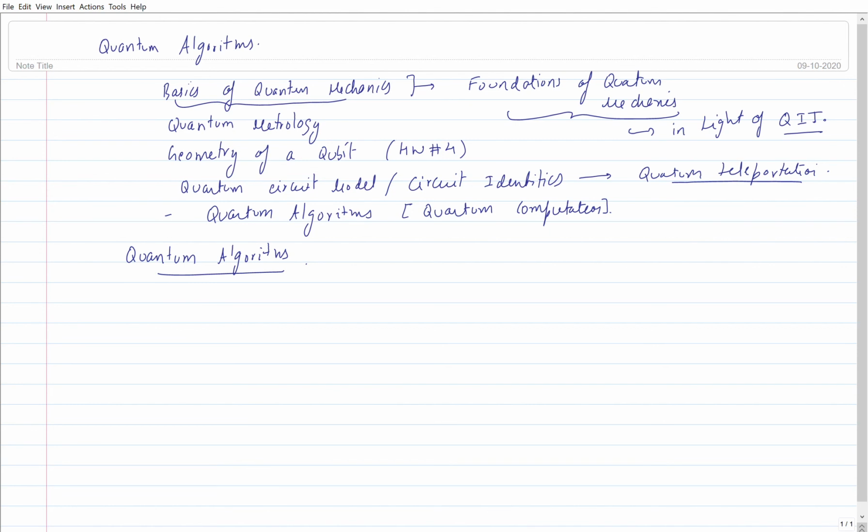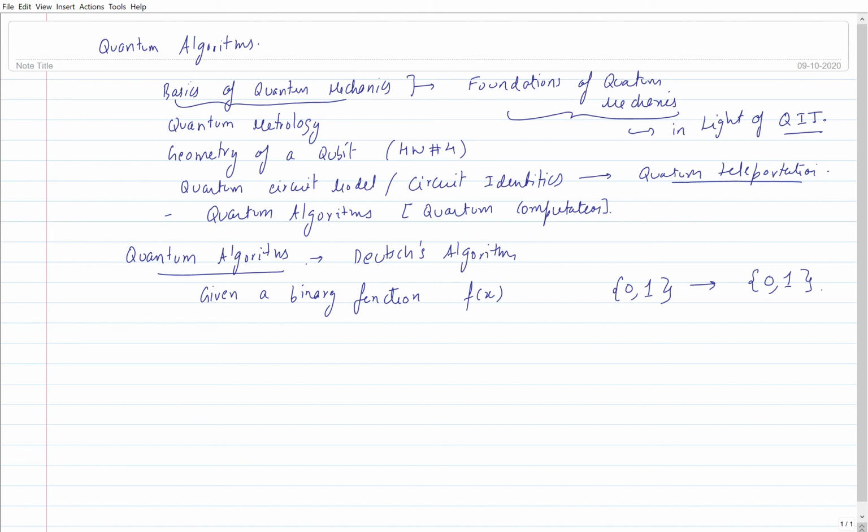And we start with a quantum algorithm given by David Deutsch, Deutsch's algorithm. And the problem is the following. Let's say I give you a binary function f(x), that means it takes input 0 or 1 and gives output 0 or 1.